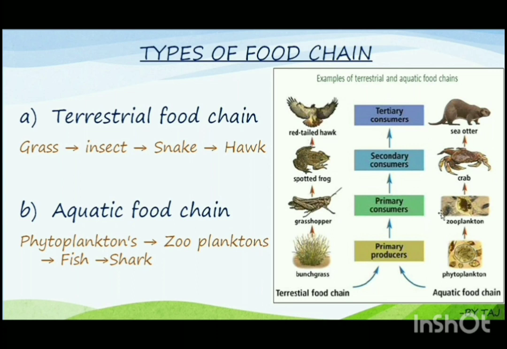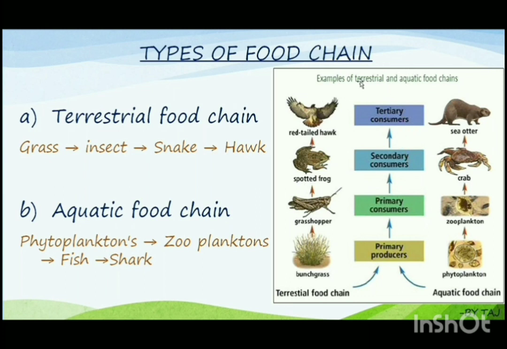Here also in the aquatic chain, in the same way, it goes phytoplanktons, zooplanktons, crab and sea water. The first trophic level we call primary producers, because they produce food on their own. These primary producers are consumed primarily by the primary consumer, secondarily by the secondary consumer, and tertiarily by the tertiary consumer, and it goes on like this.